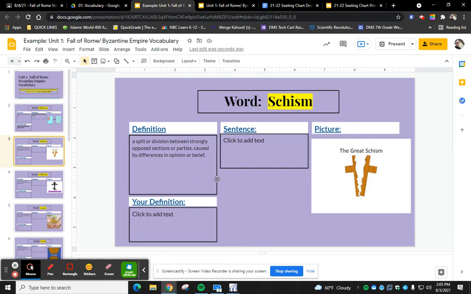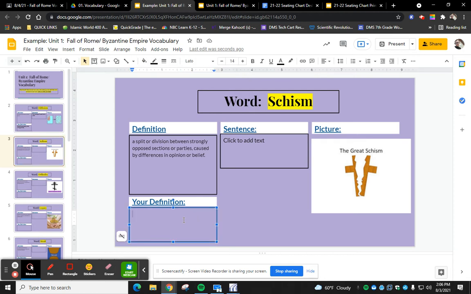All right, the second one as well, a schism. We notice the picture, it's a great schism. It looks like it's broken apart. We can use the pictures to help us figure out what the word's going to mean. So the definition: a split or division between strongly opposed sections or parties caused by differences in opinion or belief. So it's a big split caused by a difference of opinion.